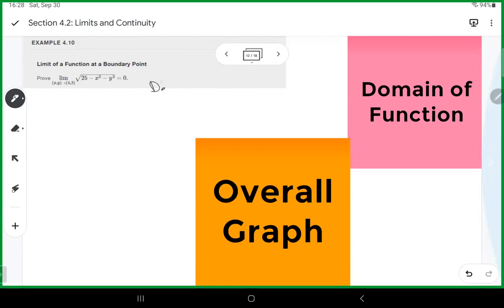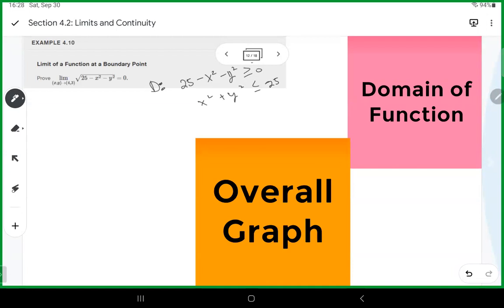So we would find that 25 minus x squared minus y squared would be greater than or equal to 0. And then we would switch everything around, move the 25 over.